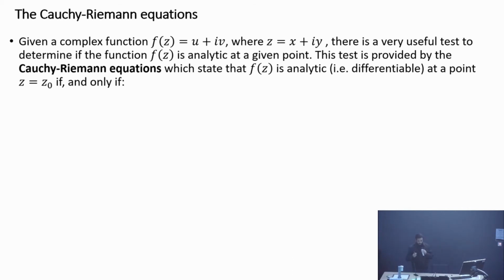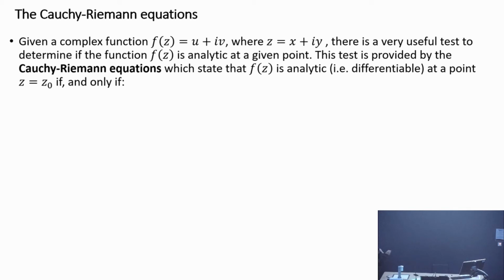Let's say that point is z equal to z0. So f of z is analytic at a given point if and only if the following two equations are satisfied, and these are the Cauchy-Riemann equations. The partial derivative of u with respect to x equals dv dy, and at the same time du dy equals minus dv dx.